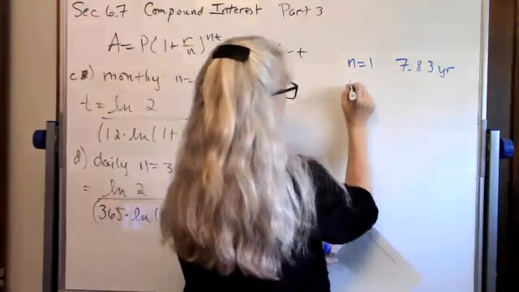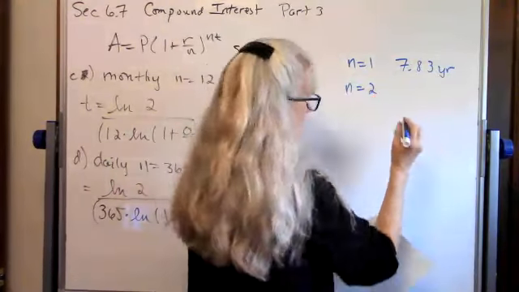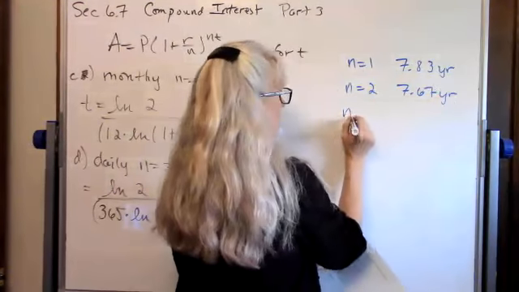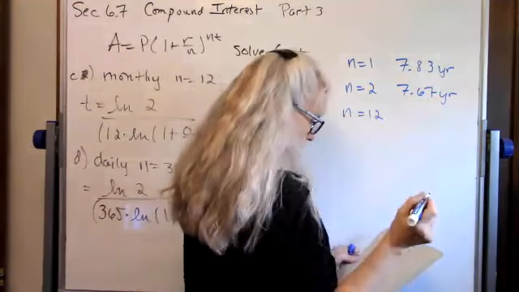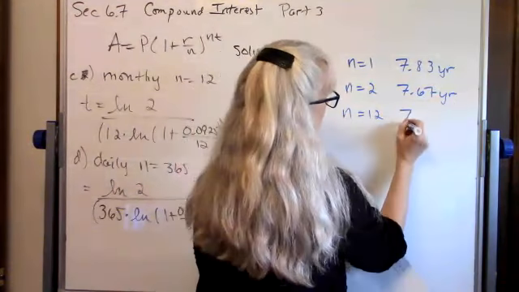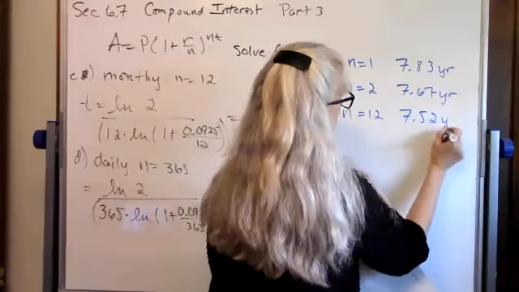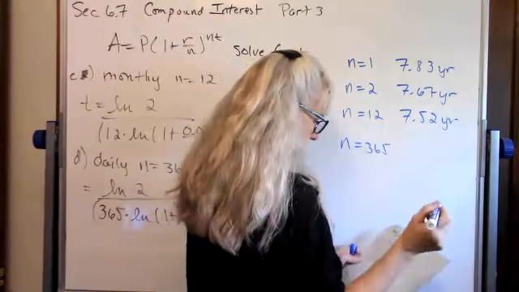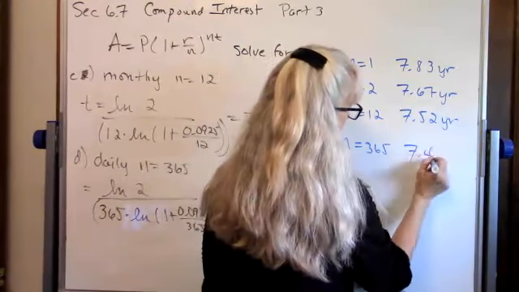When we did n equals 2 for semi-annually, we should have had 7.67 years. When n equals monthly, that was the 12 for n, that was 7.52 years. And n equals 365 came out to be the 7.494.